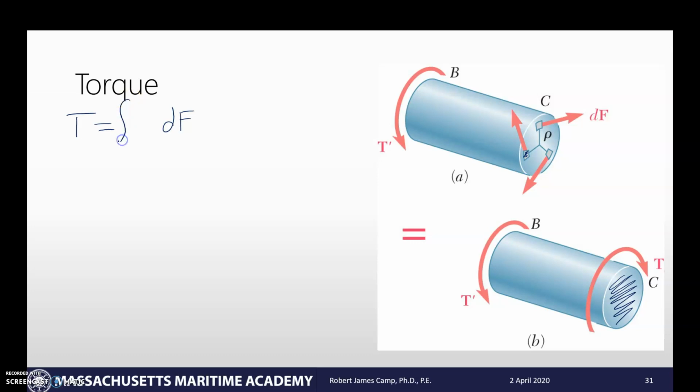So dF, we're going to be integrating all those together. We represent the radius here by lowercase rho. I'm sure that you're familiar with that, so we're just reminding you that that's rho. So torque is going to be that force times that distance to get there.